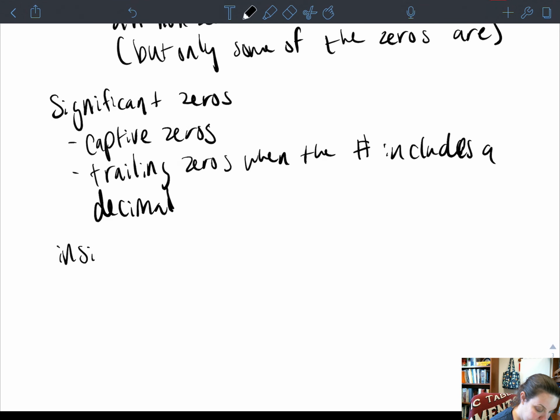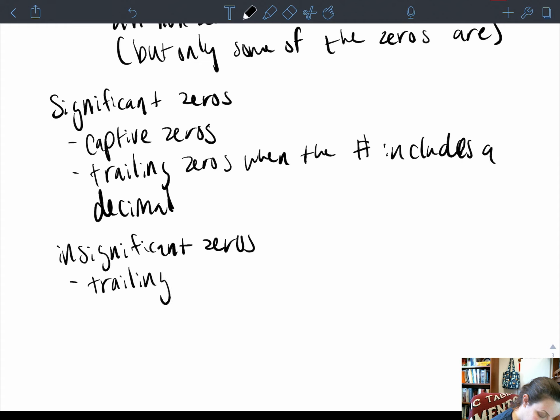Insignificant zeros are going to be trailing zeros when no decimal is present.